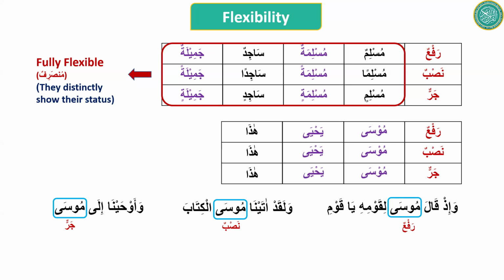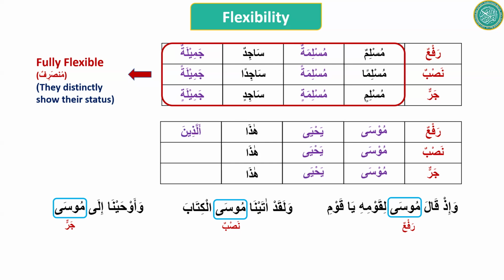So these belong to the same category: words which do not show their status. Allazina. Somebody may say it has an ina sound at the end, so it has to be nasab or jar. No, there is no allazuna, so we will not use a table for it.